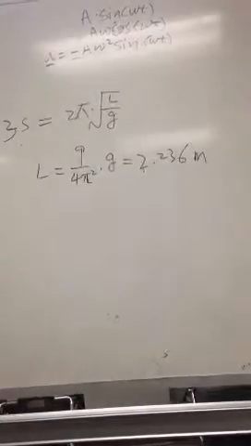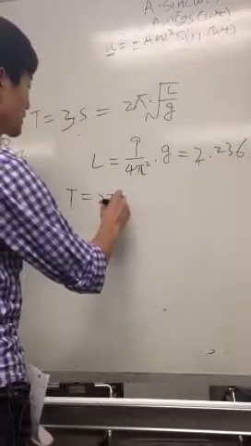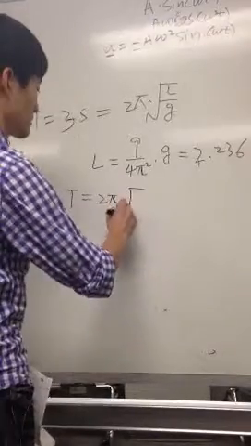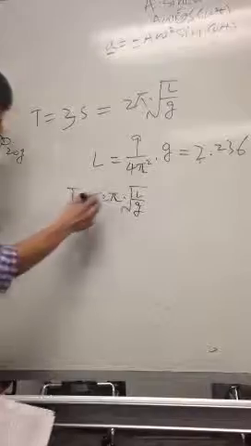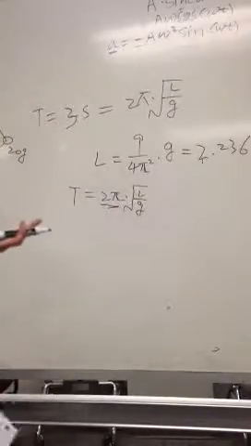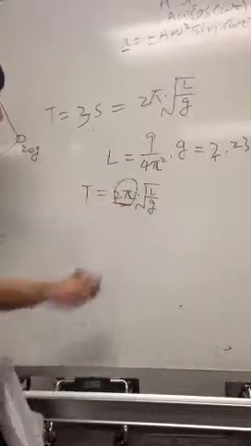That's the length. And then the period. We know the period is 2 pi square root L over G, right? 2 pi, that's constant. Pi is 3.14. Nothing can be done with those numbers.